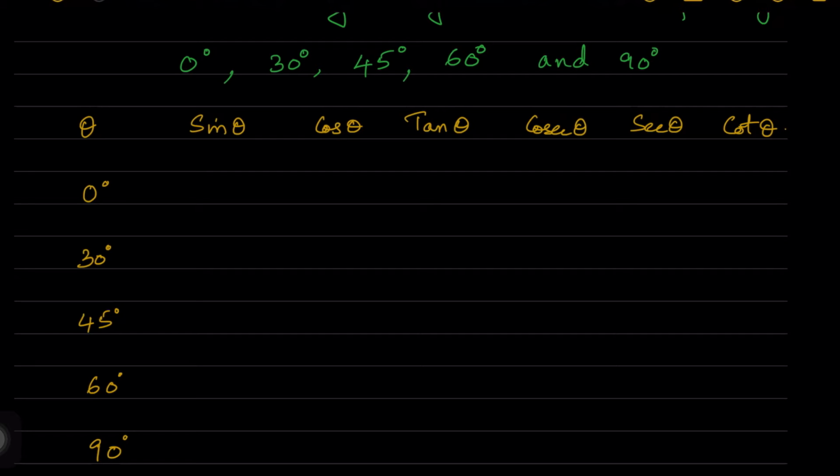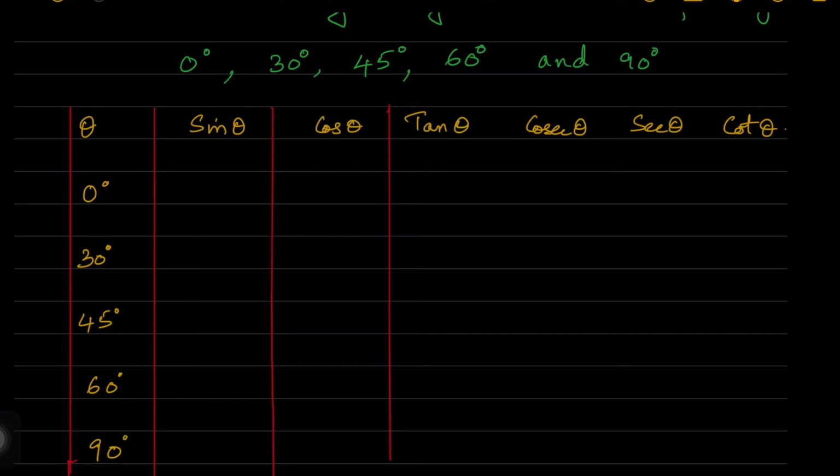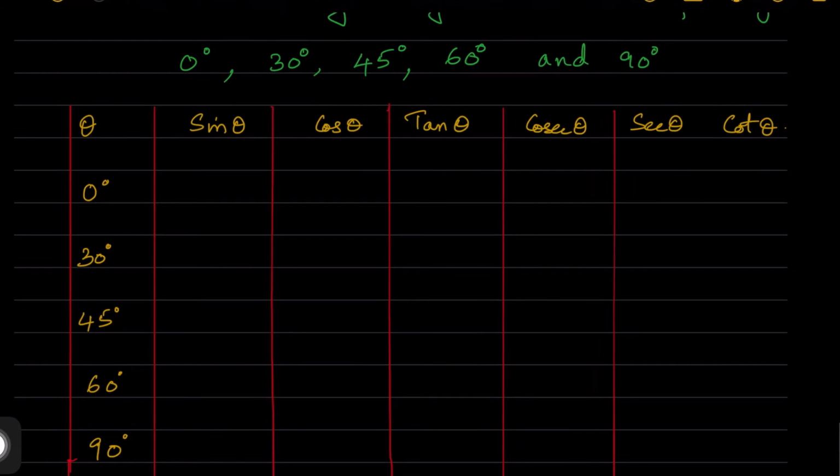Now what is sin 0 equal to? Sin 0 is nothing but it is equal to, okay, we'll just draw columns and rows for all this, the whole thing. So what are we going to get for all this? We'll just see. What is sin 0, what is sin 30, sin 45, and how can cos be written in terms of this?